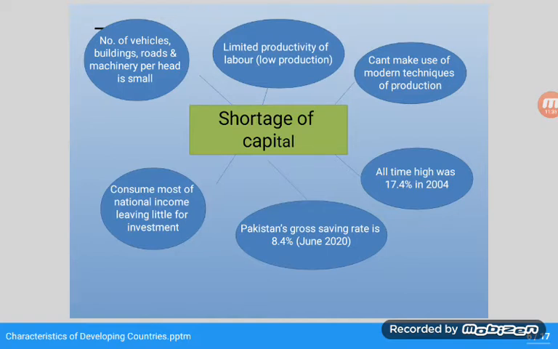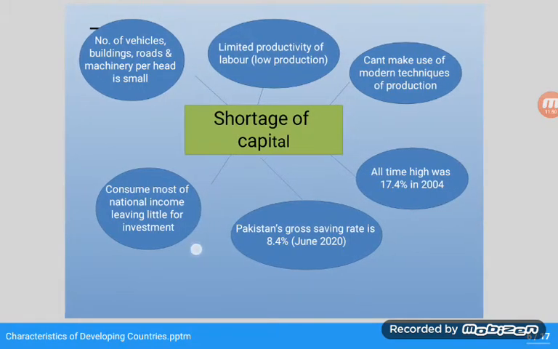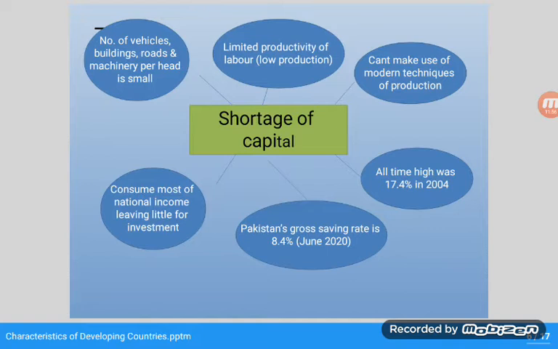Now in developing countries we have a shortage of capital. Why? The reason is that since these developing countries consume most of their national income, they are not able to make enough savings, and that's why they are unable to invest. Obviously investment is done in the agricultural sector or industrial sector or other sectors of the economy.